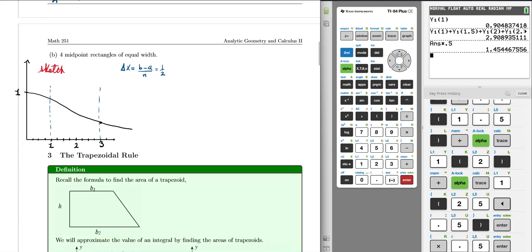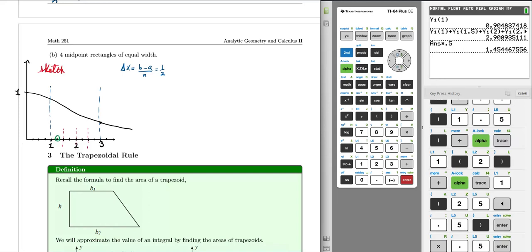Now, the only difference here compared to the left endpoints is the way that we calculate the height. Whereas before with the left endpoints, we created our rectangles, and in fact, I'm going to draw them again. So 1 and 1.5 would be over here, so that's one subinterval. Here's the other subinterval. Now, to calculate the height, we're going to be picking the midpoints in our subintervals.